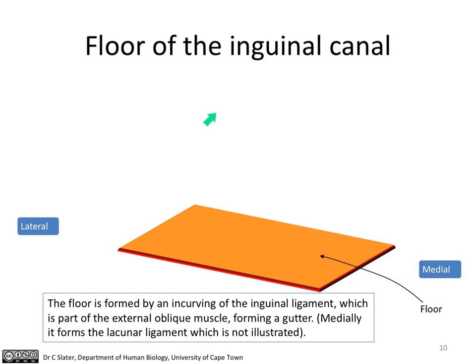So the aponeurosis runs down here on the front of the abdominal wall, and then as that aponeurosis comes down, it forms the inguinal ligament, which itself curves under to go and attach onto the anterior superior iliac spine and the pubic tubercle, and the incurving under here forms a gutter along which the spermatic cord will run as it traverses the inguinal canal.